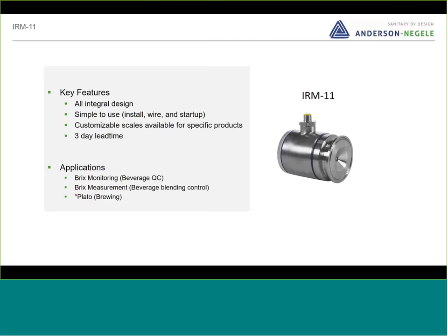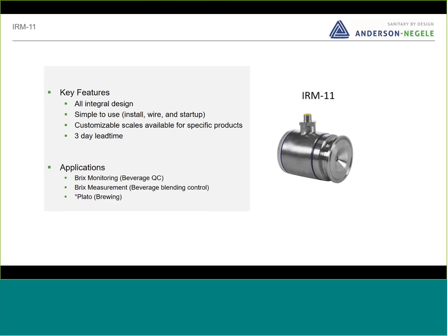Now, the second type of Brix measurement: I mentioned monitoring, really looking at replacing a manual exercise in a plant, somebody going over and pulling samples. The second is going to be direct Brix measurement for control. In this instance, we may have two streams, most commonly orange juice reconstitution.